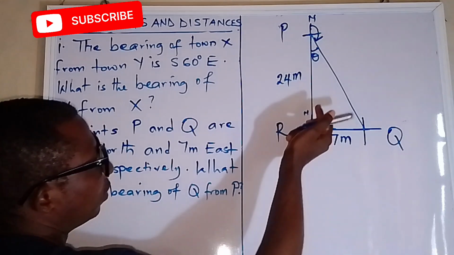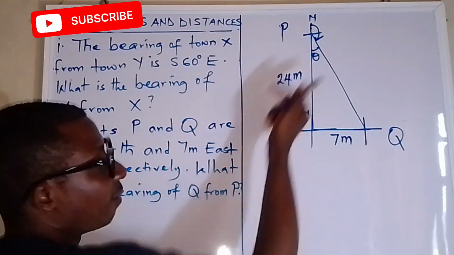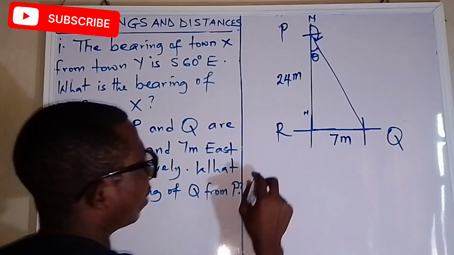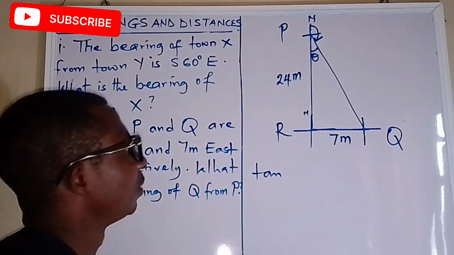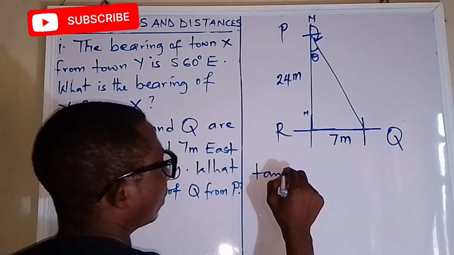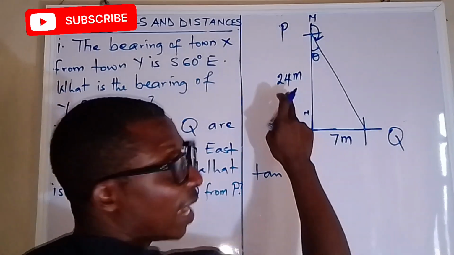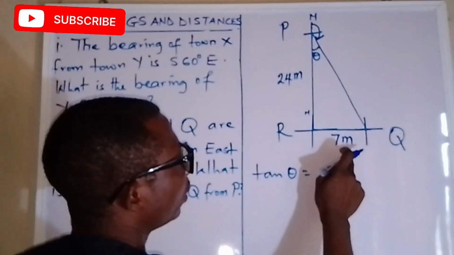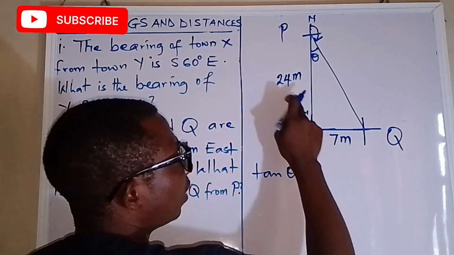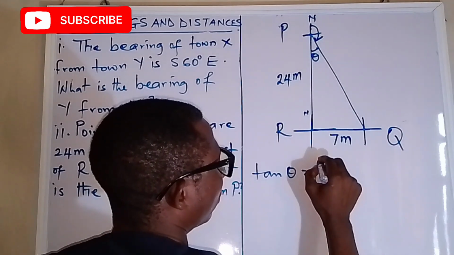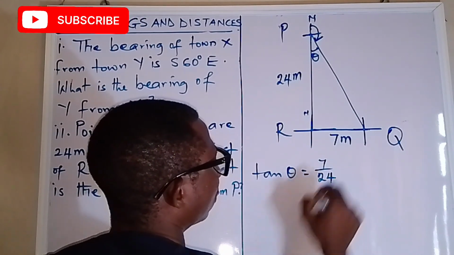This is the adjacent and this is the opposite, since this is the reference angle. So we have tan theta equals opposite over adjacent. That is 7 over 24.